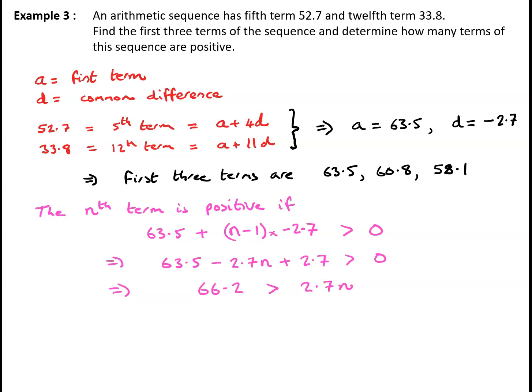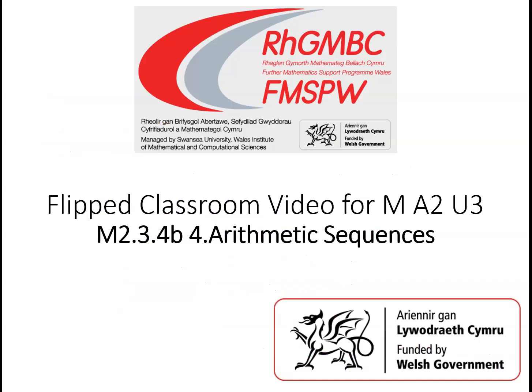In other words, 66.2 has got to be bigger than 2.7n. Dividing each side by 2.7 gives me n must be smaller than 24.52. So that's telling me that the first 24 terms in this arithmetic progression will be positive, and any terms after the 24th term will be negative. So that concludes our first look at arithmetic sequences.